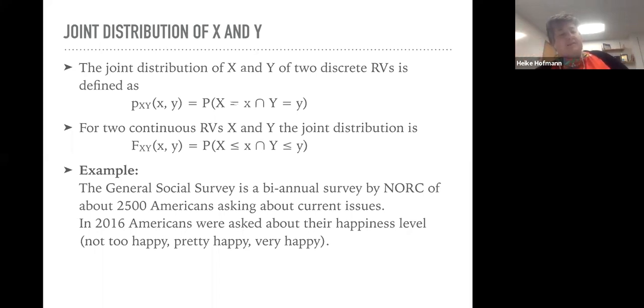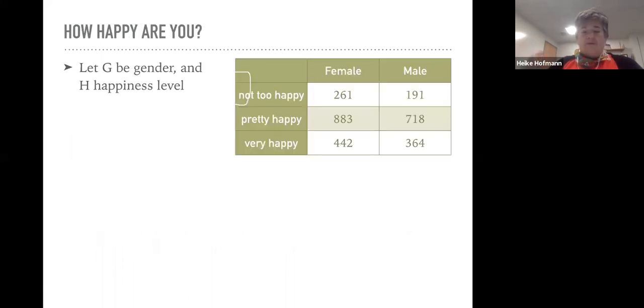In 2016, they were asking participants regarding their happiness level, and people reported their happiness level in three levels: not too happy, pretty happy, and very happy. So let's say that we've got the two random variables, gender and happiness.